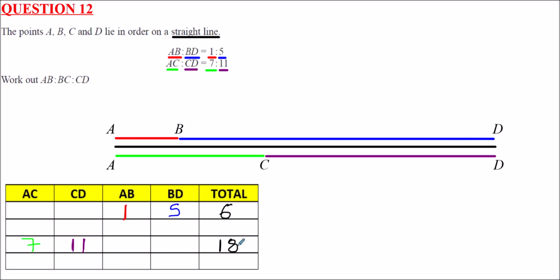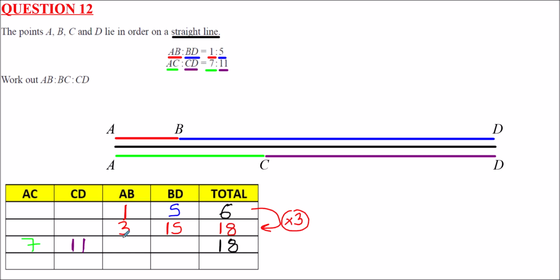Could we get it to be 18 by multiplying by some value? Well, yes, we could. We could multiply this whole line by 3. Then the totals will match up correctly. 6 times 3 is 18, 5 times 3 is 15, this 1 times by 3 is obviously 3.